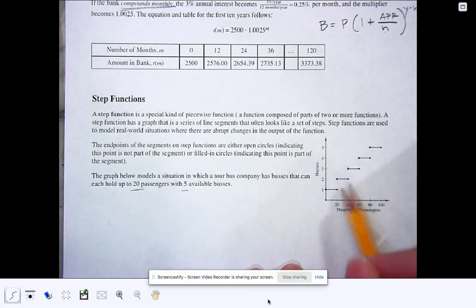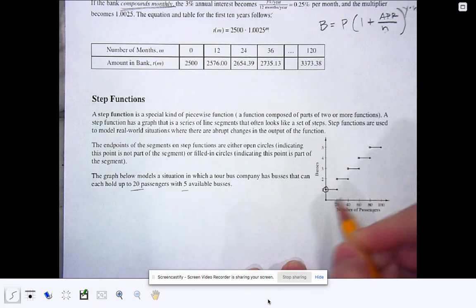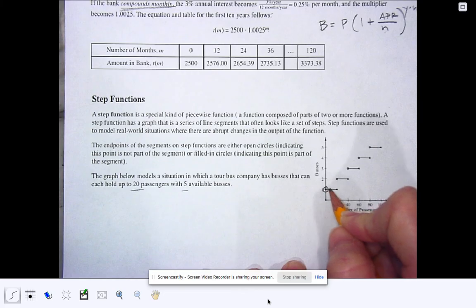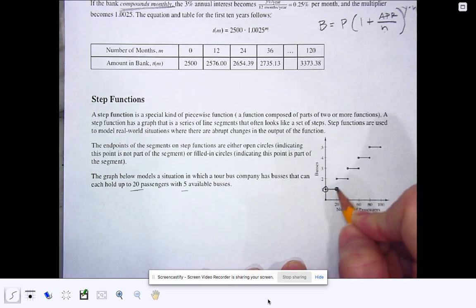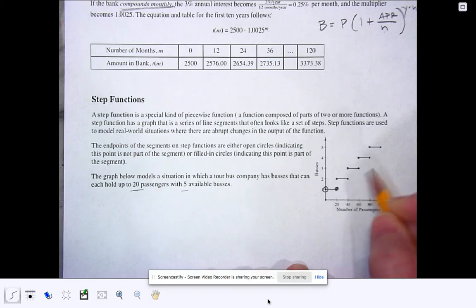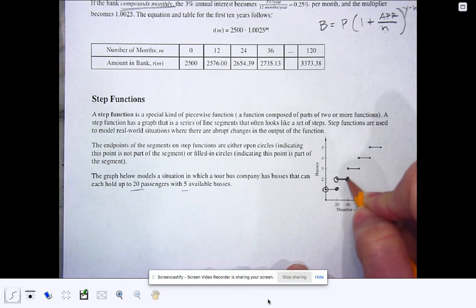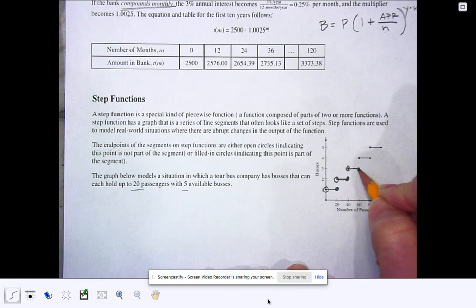Do you see how, if this was zoomed in better, there should really be an open dot here, because if you have no people, you don't need any buses, and then it's closed here with a closed dot here. So if you got 20 people, you can fit them all in the bus, but as soon as you go over 20, this would be open and then closed on this end.